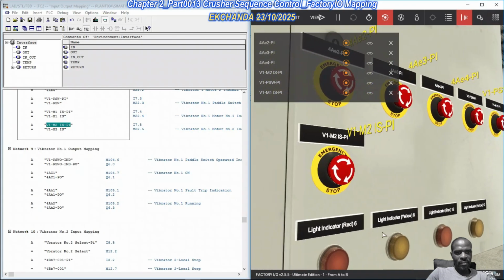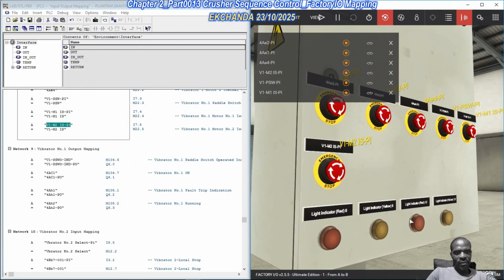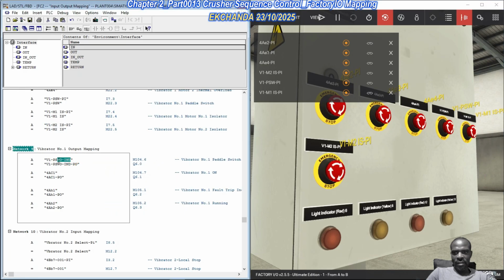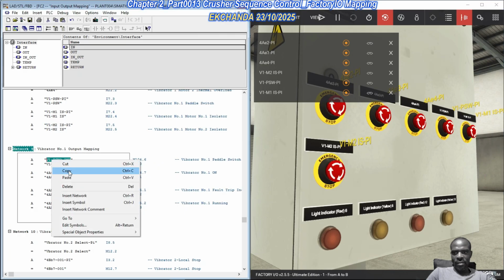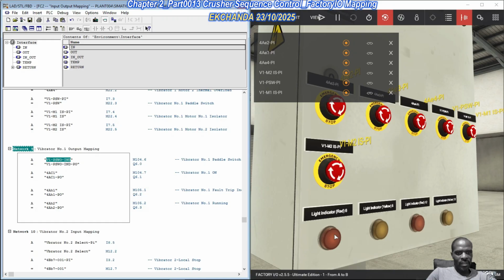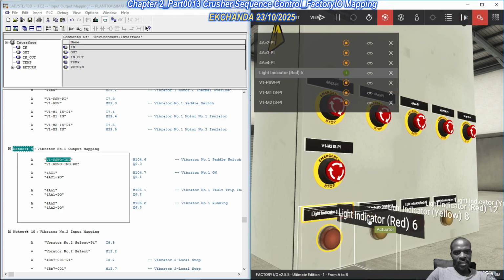Okay, and we're using indicator lights for this. Okay, so what we have is we've got vibrator 1 powder switch operated. So Control C, or rather copy, we just use the red indicator lamp for the powder switch operated.